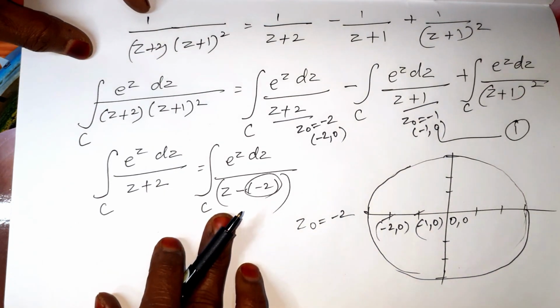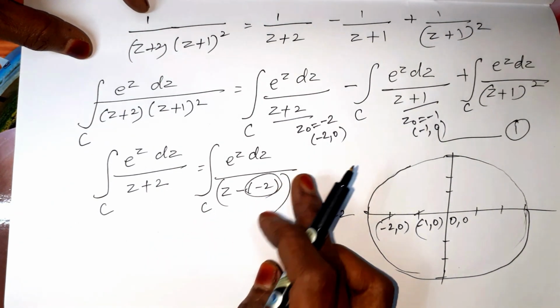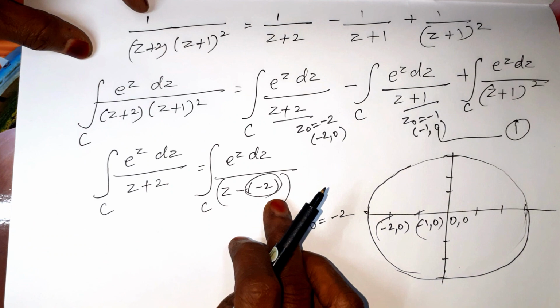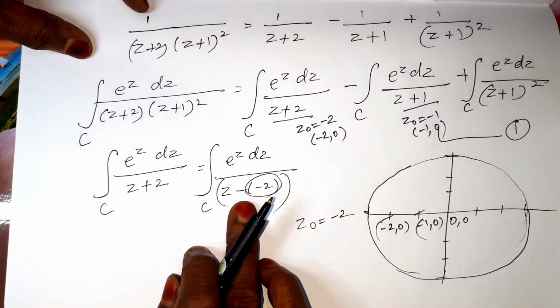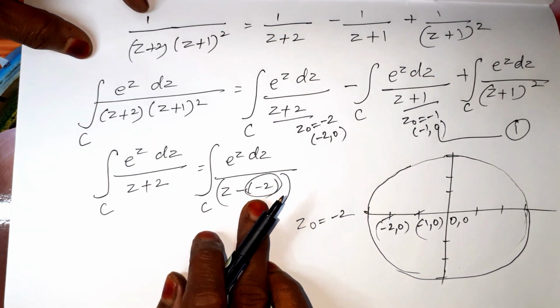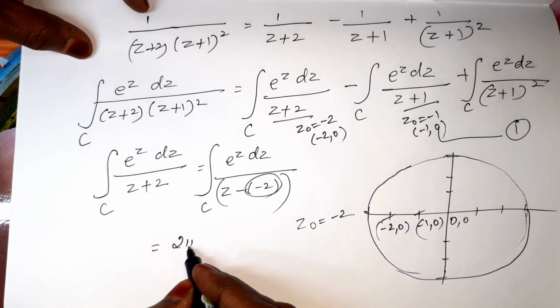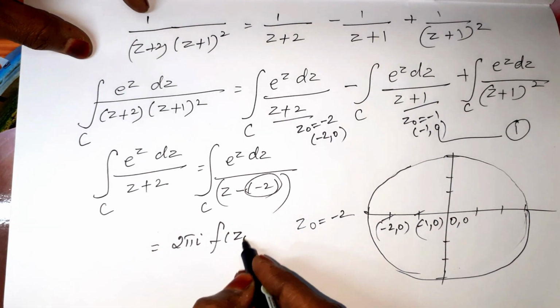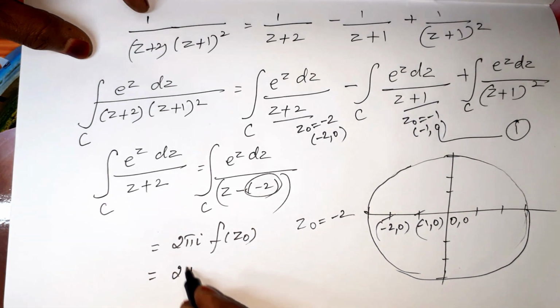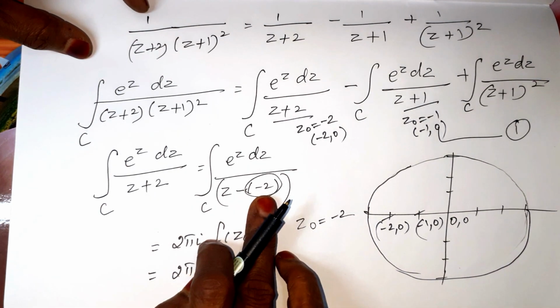This is not of power more than 1. So, as we have seen in the first video, using that formula we have to evaluate this integral. What is the formula? It is 2 pi I into f of Z0. What is Z0?